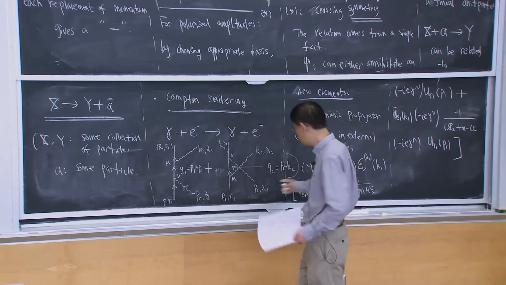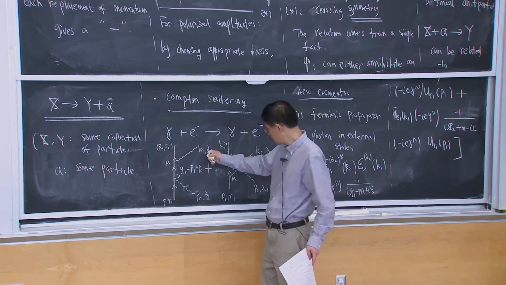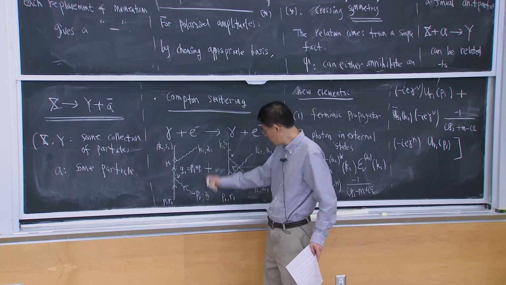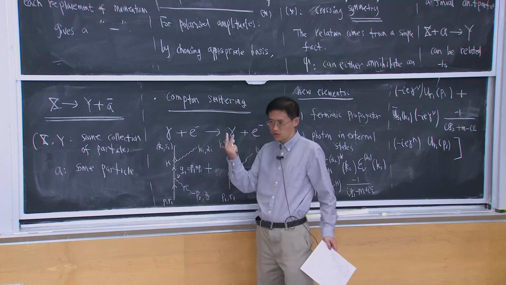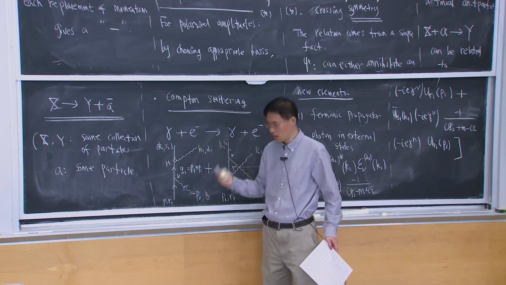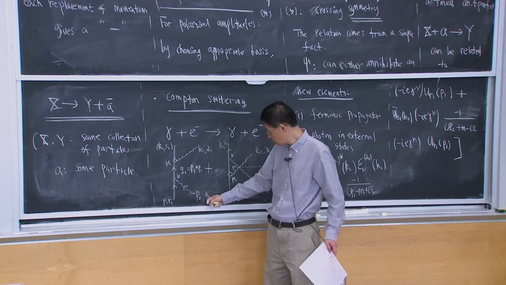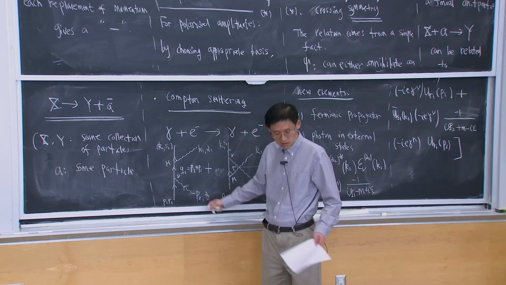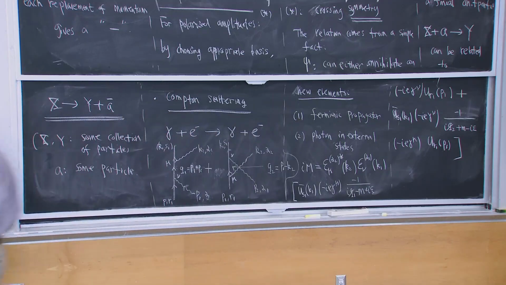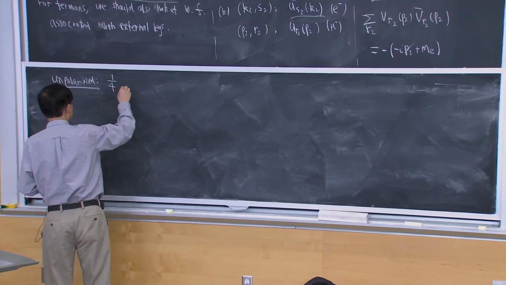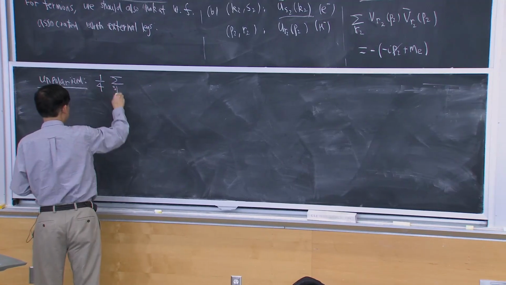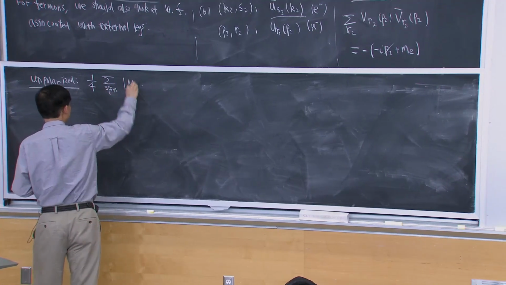Now the difference is that we also need to average over the indices alpha 1 and alpha 2. They only have two polarizations. So when you average over alpha 1, you get a factor of 1/2. So we still get just a factor of 1/4 times the sum over all the spins of M squared.